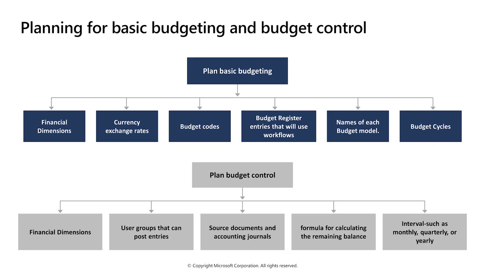The formula for calculating the remaining balance of the budget, the budget funds available calculation, can be defined for each legal entity instead of always using the calculation original budget minus actual expense. Also define the interval, such as monthly, quarterly, or yearly, that is used to determine whether the available budget balance is enough to cover the transactions.